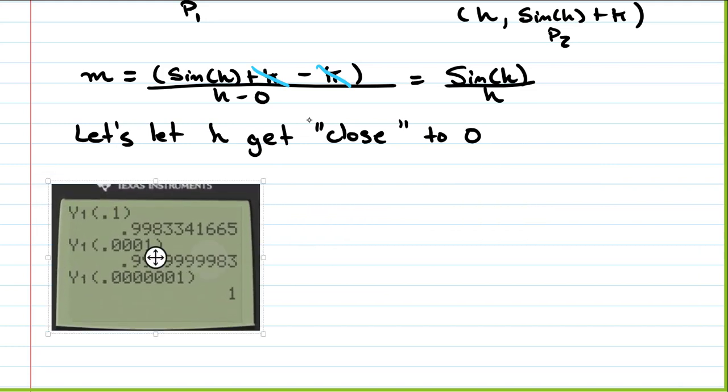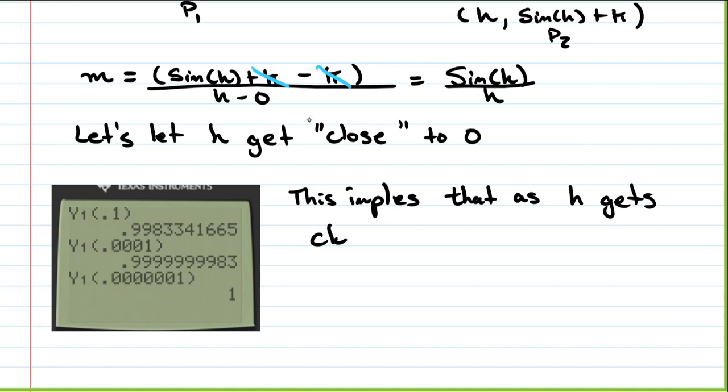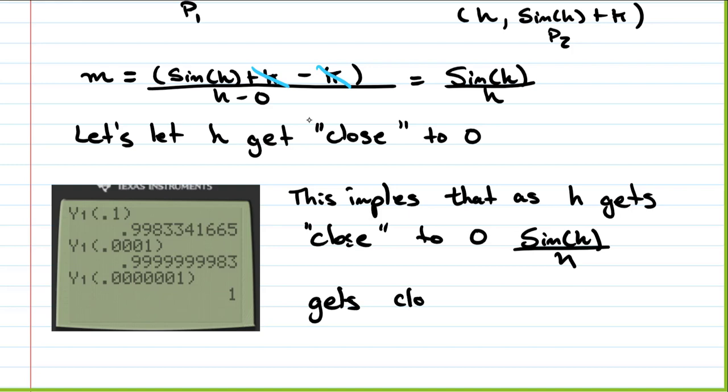This implies that as h gets close to 0, sine h divided by h gets close to 1.